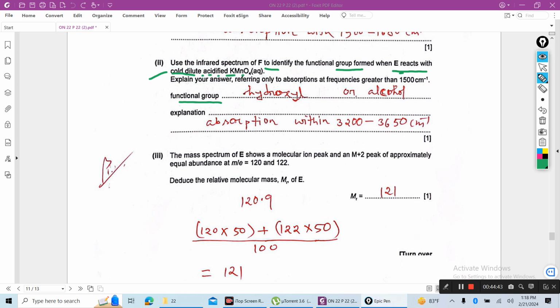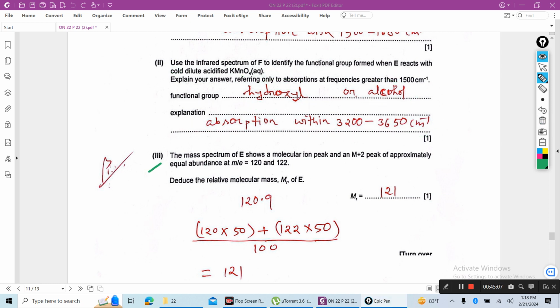So the functional group will be hydroxyl or alcohol, because of absorption within the range 3200 to 3650 per centimeter.